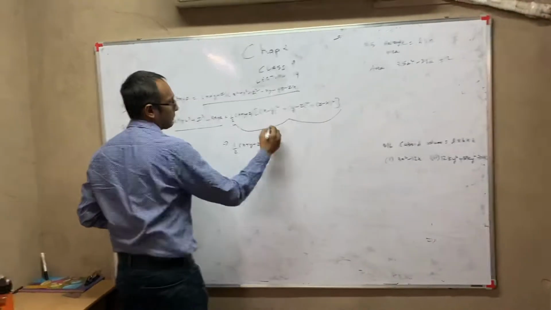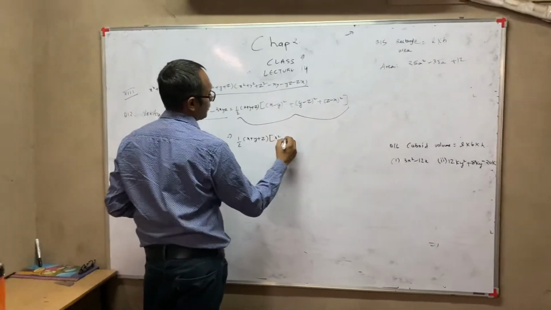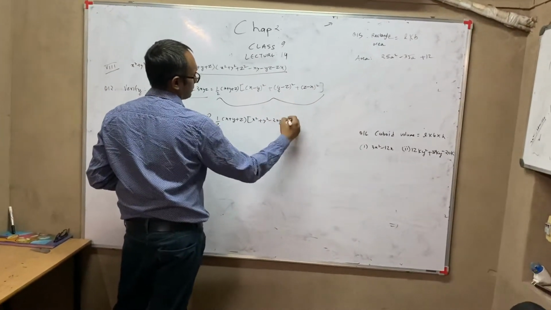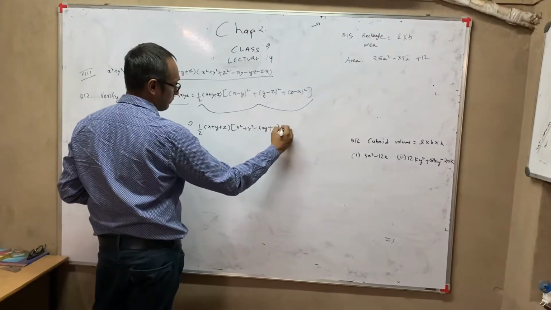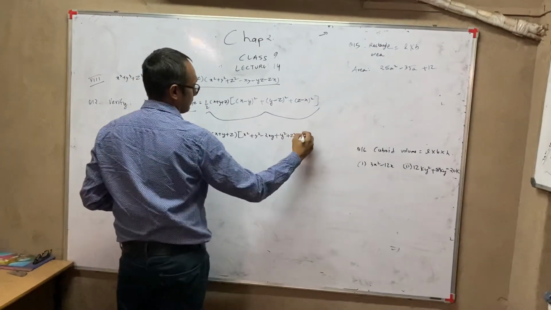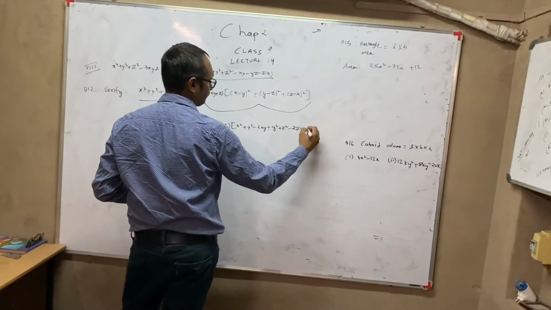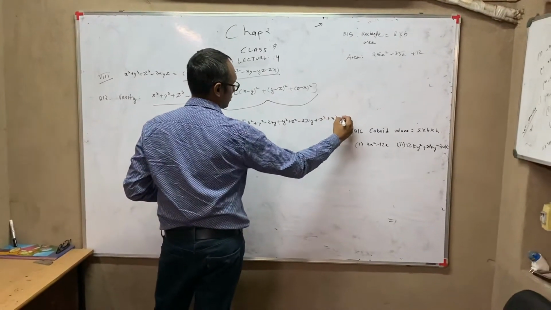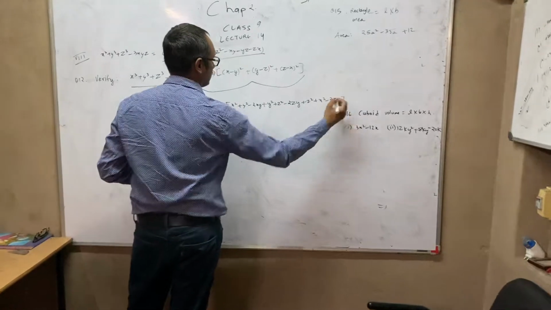First step I just square them. x square plus y square minus 2xy, y minus z square, y square plus z square minus 2zy, plus z square plus x square minus 2zx.